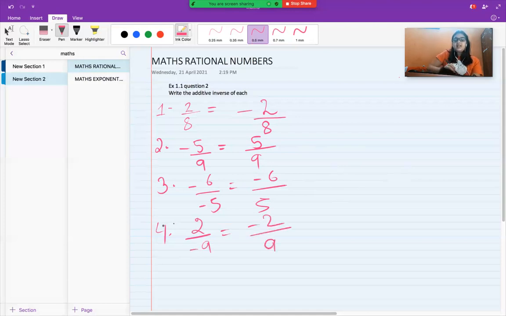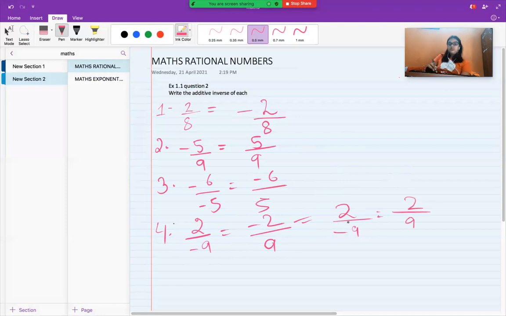We take the minus from this, so it will be 2 by 9.